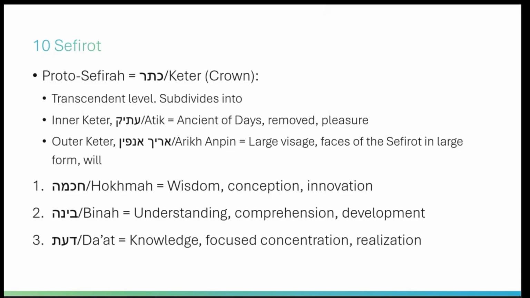Okay, let's go through to the Ten Sefirot continued. This would really be number 4, but the slide started counting again from 1, which is fine because in one scheme, this is 1.